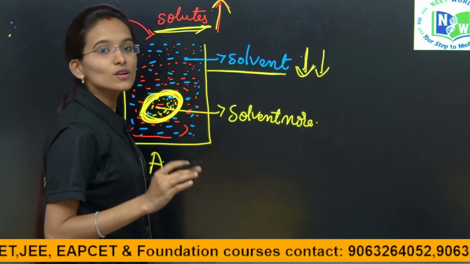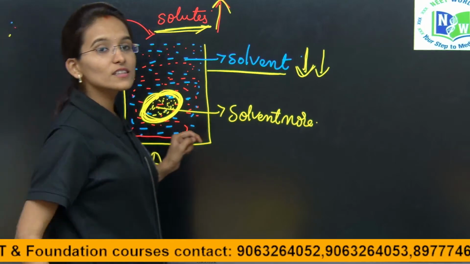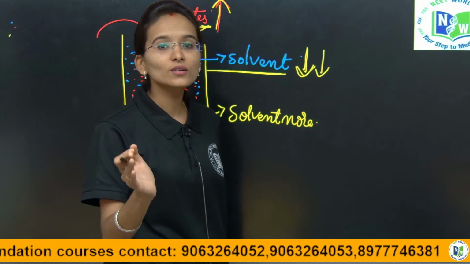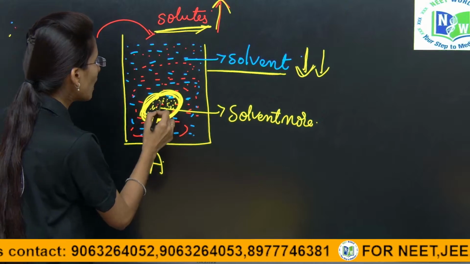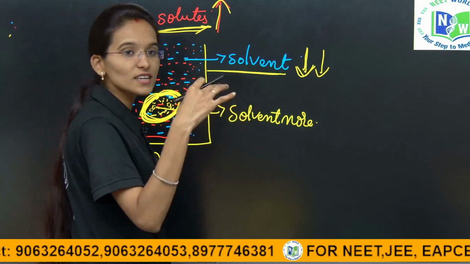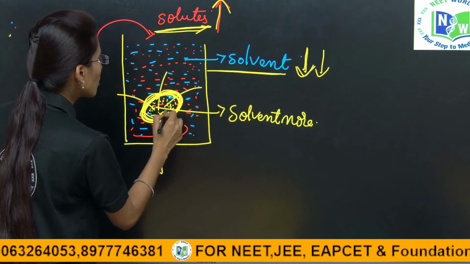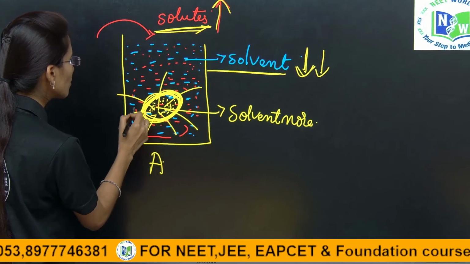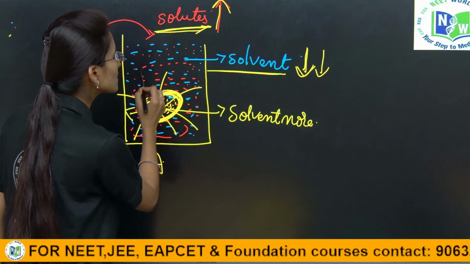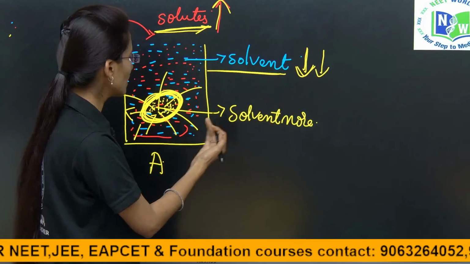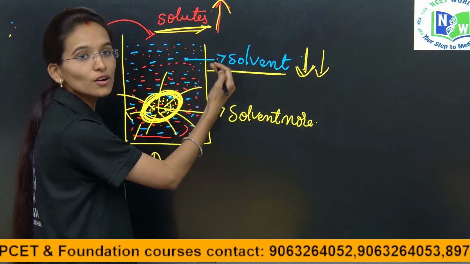Clear with the concept? Now you need to understand, in osmosis solvent molecules always move from higher to lower concentration by crossing the semi-permeable membrane. Here the solvent is more inside the cell and less outside the cell, while the solute percentage is more outside the cell.